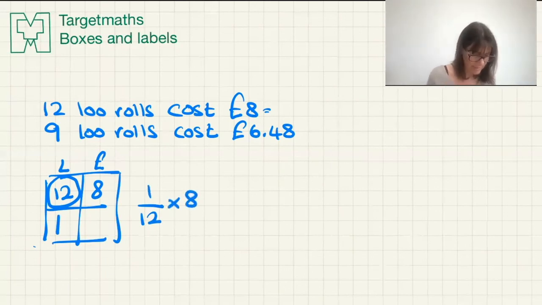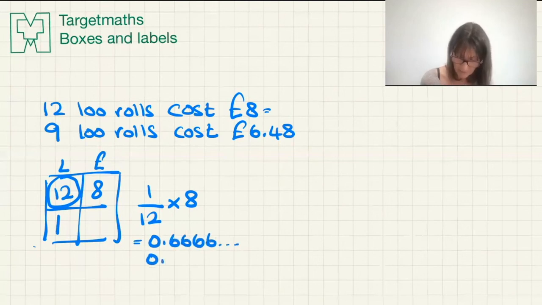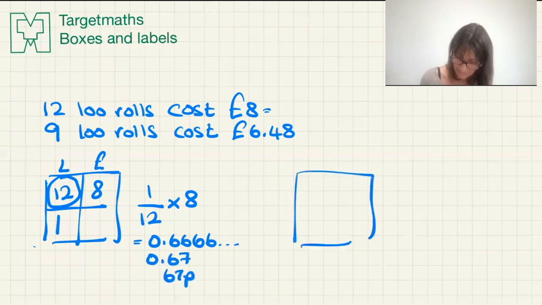So hopefully put it in the calculator this time and not freak myself out. That's good. Okay, so this is coming out not perfect money. It's coming out with that recurring decimal. So I'm going to round it based on money. So 67 pence, let's say. And then I can crack on with the next one.